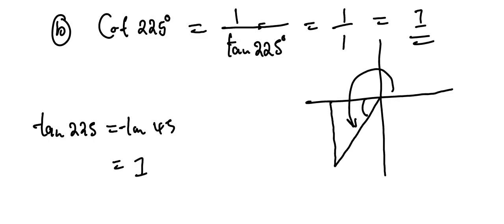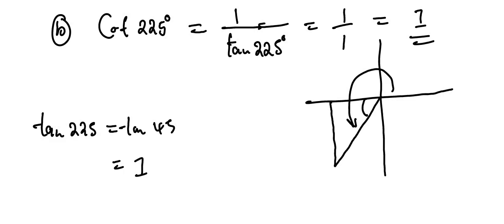Is this okay? Sir, yes. So for cot, you are saying it's 1 over tan theta. Can you also use the other one which you said, cot is equal to cos over sine? Yes, cot is the same as cos over sine. Yes, you could have done that.